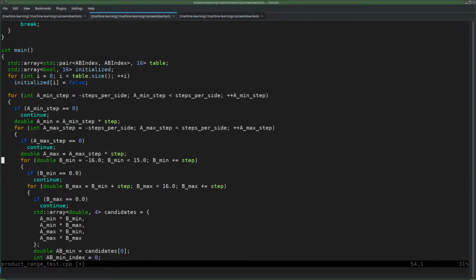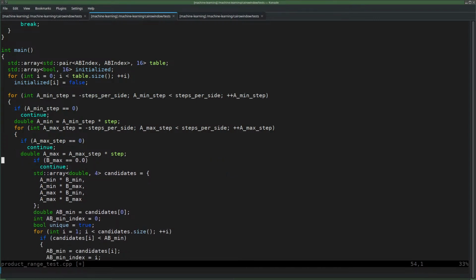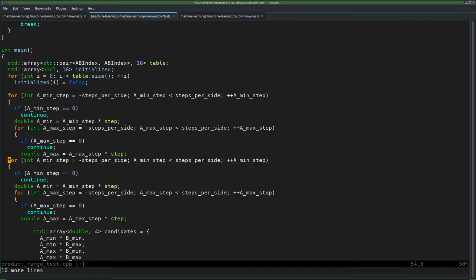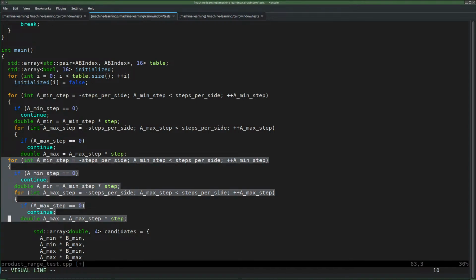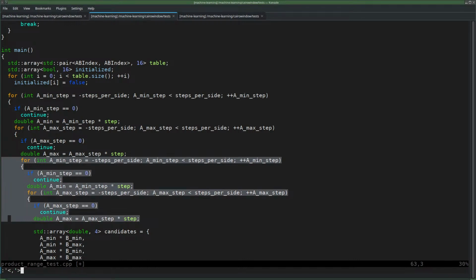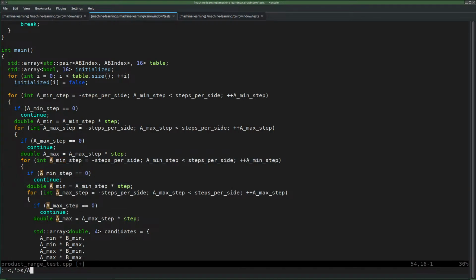So we do the exact same thing for B. Ten lines, so shift V9J, and then I have to shift this to shift, and then again shift V9J, substitute A with B, I guess.